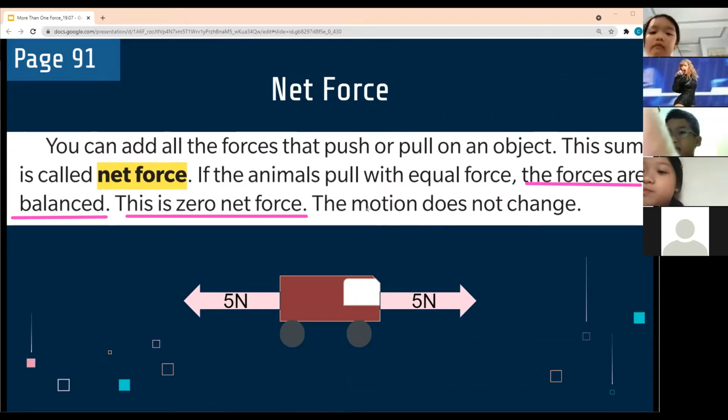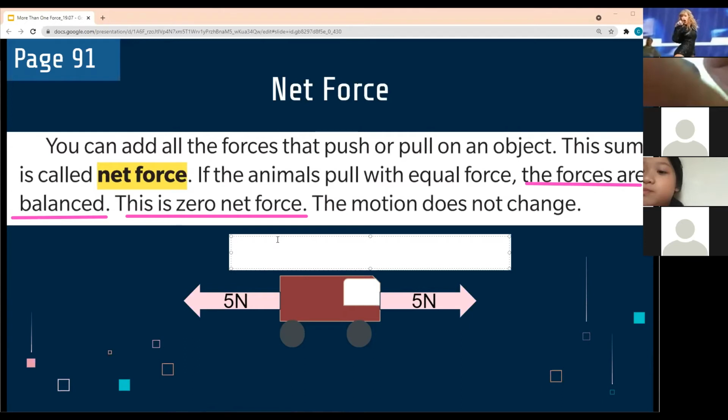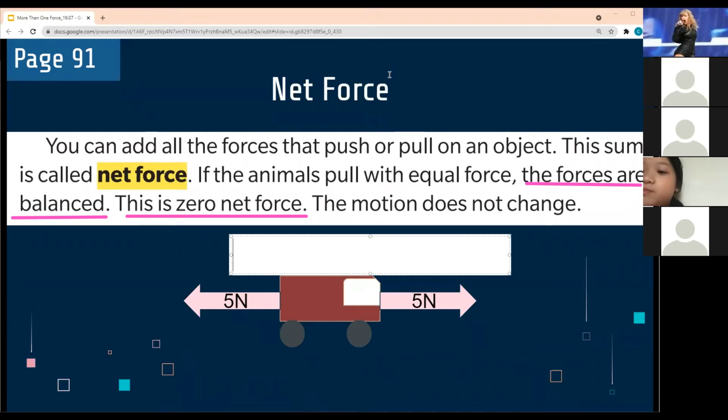And the best way to look at this is, I'll write an example. So for this one, we have to add these forces together. Now, they're both going in opposite directions. So what I would like you guys to do is just do 5 minus 5.